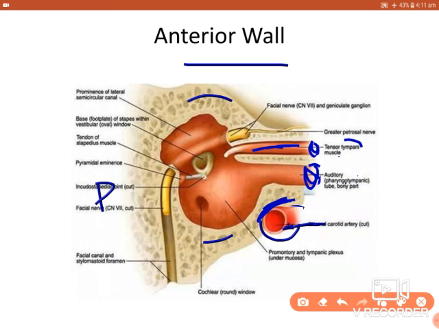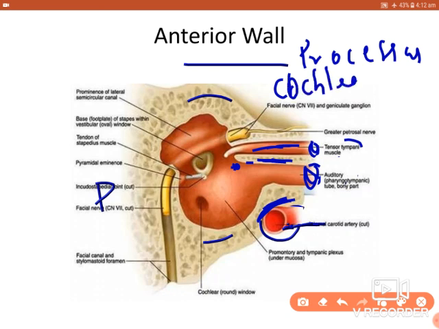Between this superior opening and this inferior opening, there is a long part of bone projecting towards this tympanic cavity. This is called the processus cochleariformis. This bony part.